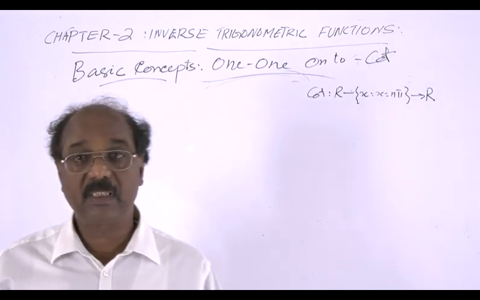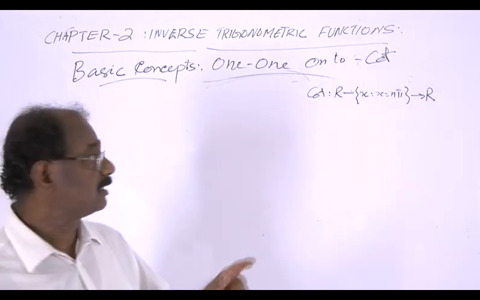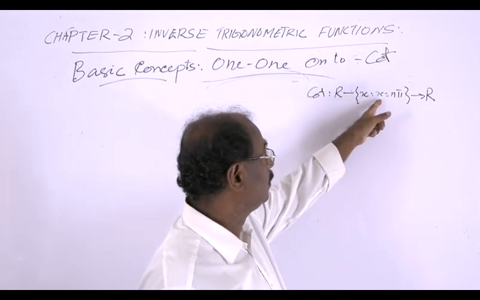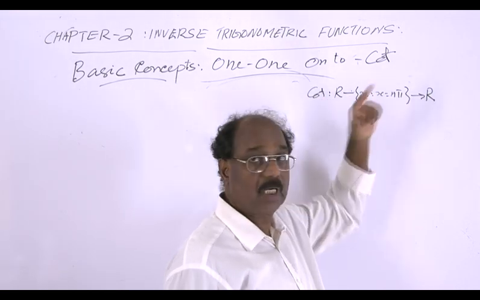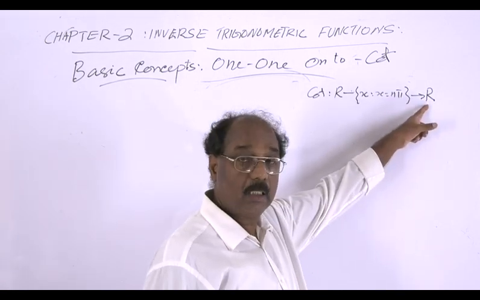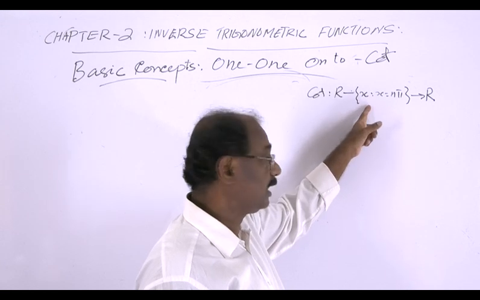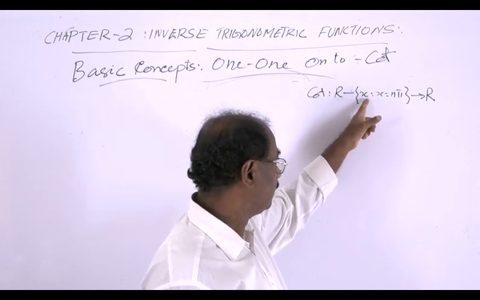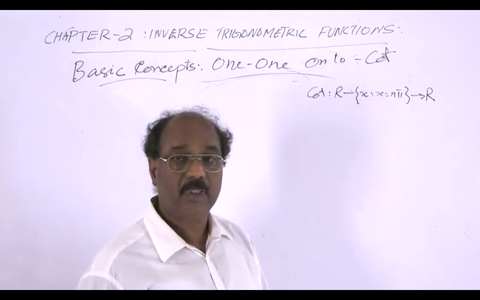The function we have defined is cot from R minus {x : x = nπ, n an element of Z} into R. So the range is full R, and the domain is R minus {x : x = nπ}.